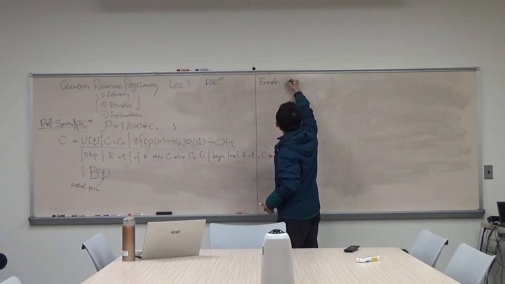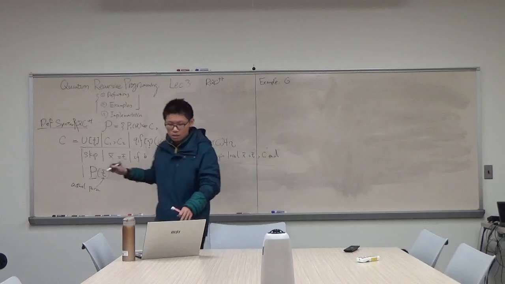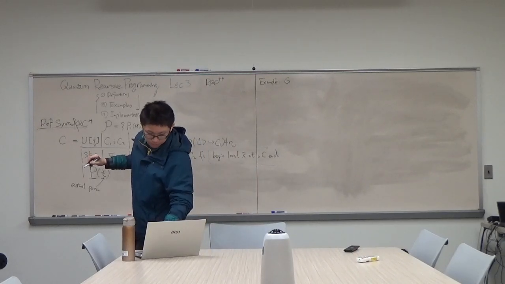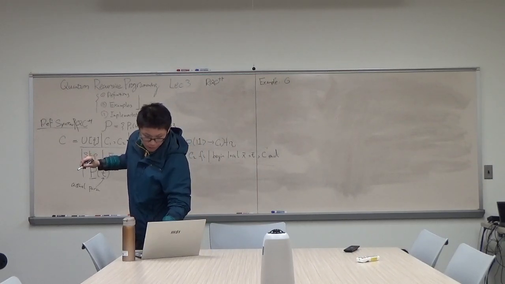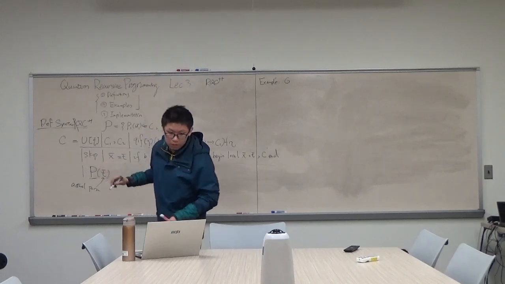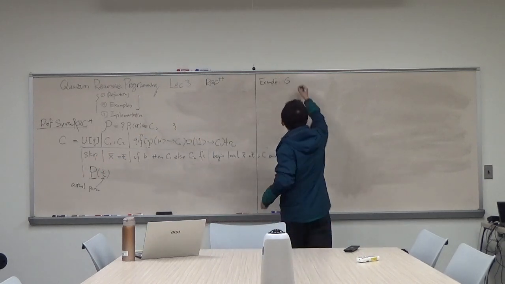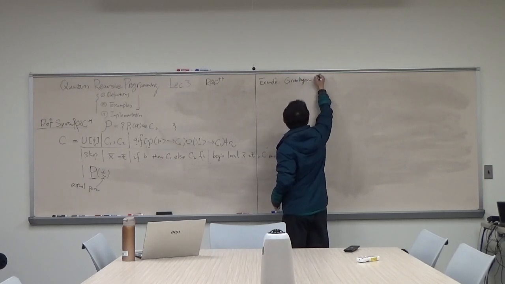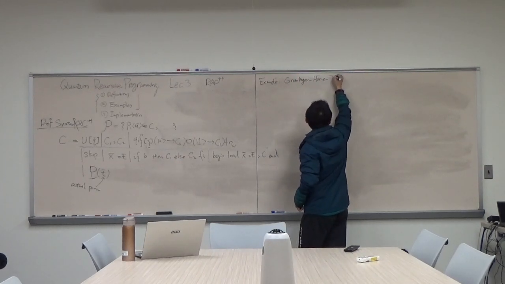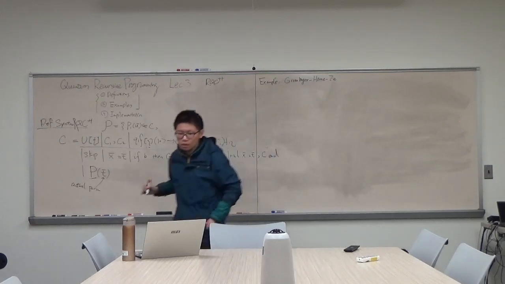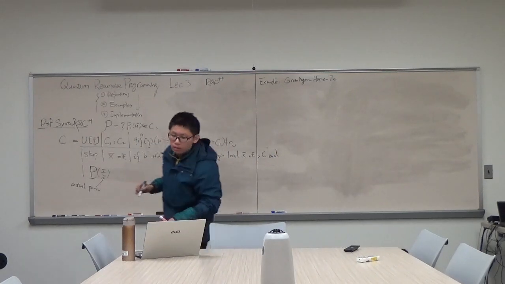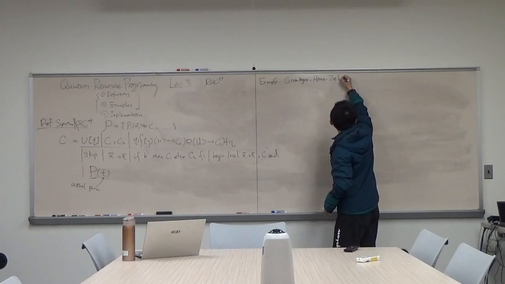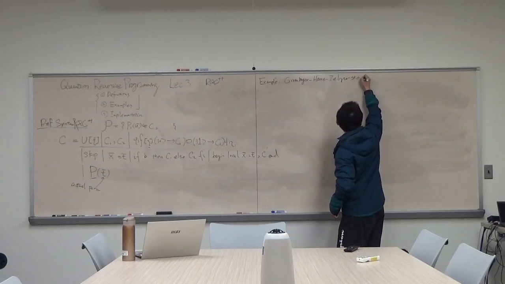So this example is the generation of the GHZ state. I will write the full name for it: the Greenberger-Horne-Zeilinger state generation.